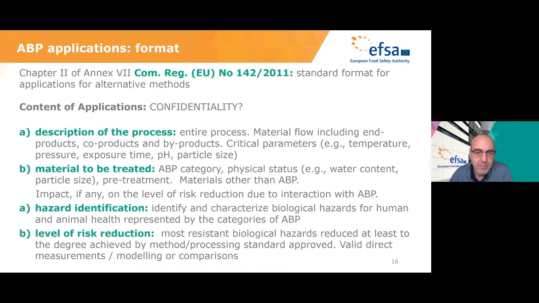It has to include the physical status of the material, the water content, if it is solid or liquid, the particle size, and if it's going to be pre-treated by any of the standard methods required by the legislation or any other. So this also has to be very well explained.